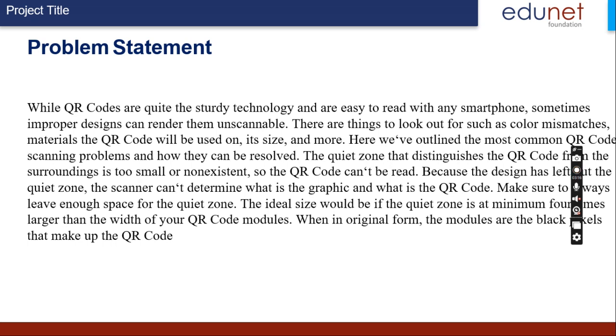Make sure to always leave enough space for the quiet zone. The ideal size would be if the quiet zone is at minimum 4 times larger than the width of your QR code modules. In original form, the modules are the black blocks that make up the QR code.